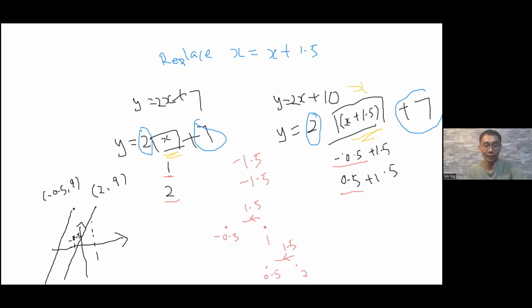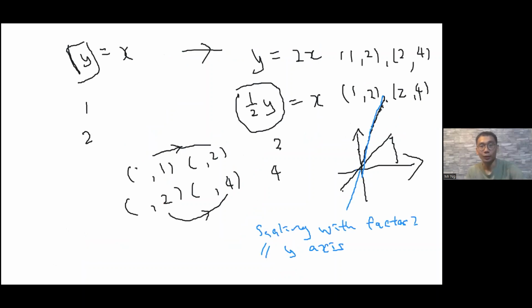So we have seen that this case is replacing x with x plus 1.5. How about in another scenario? Here is about replacing y with half y. So it will be a scaling of factor 2 parallel to the y-axis.